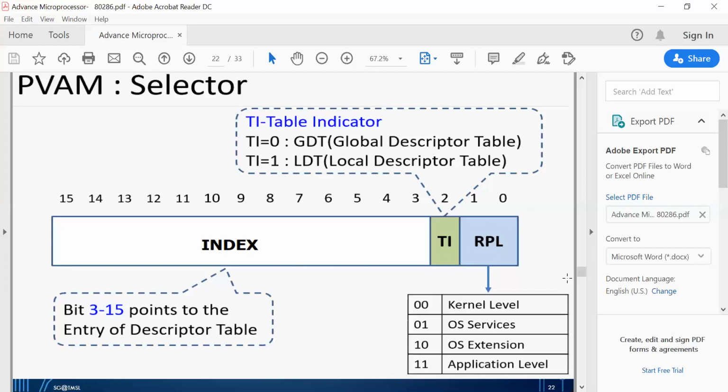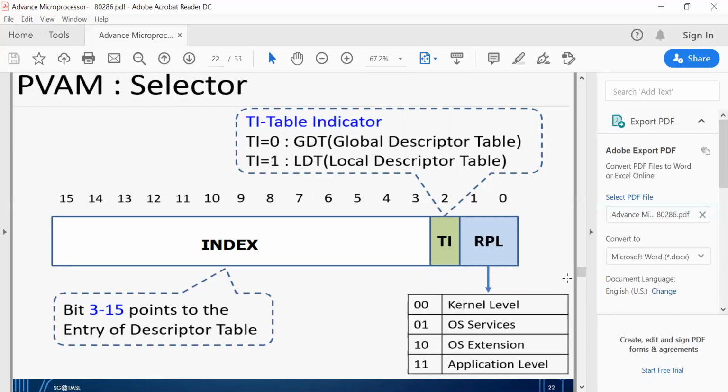So all the tasks may have their private local descriptor table, while the global descriptor table may contain all the descriptor types except the interrupt and trap descriptors. Different descriptor tables are available, like the interrupt descriptor table and the trap descriptor table.